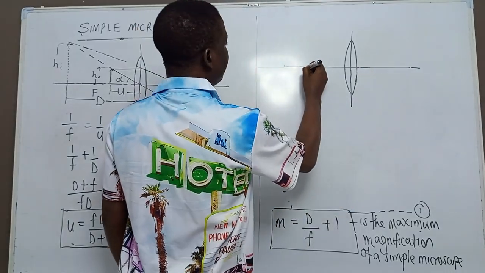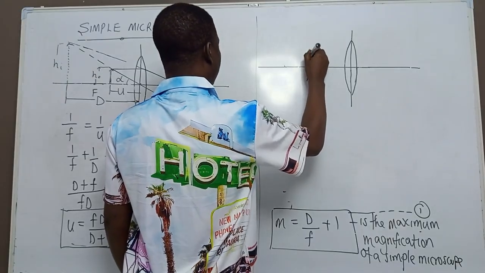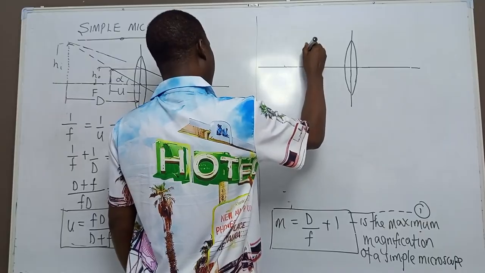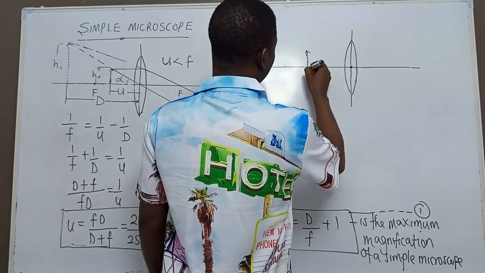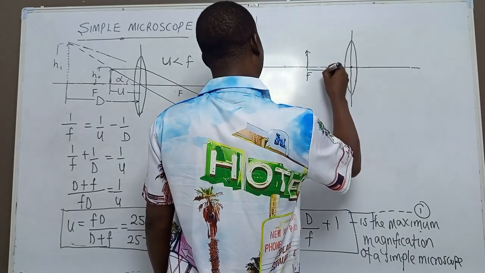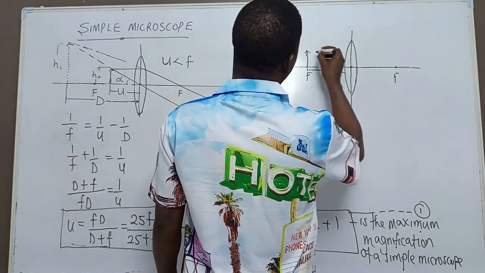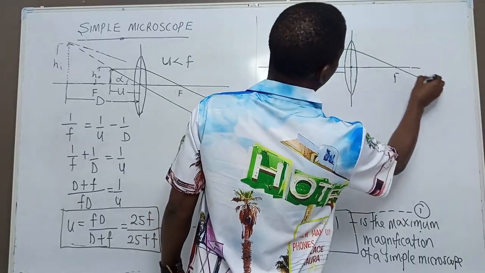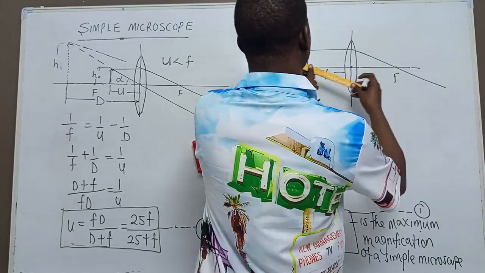Now, let me place the object at the principal focus, having the focal length f from the lens, or from the optical center, to be f. Now, we will notice that something will occur here.